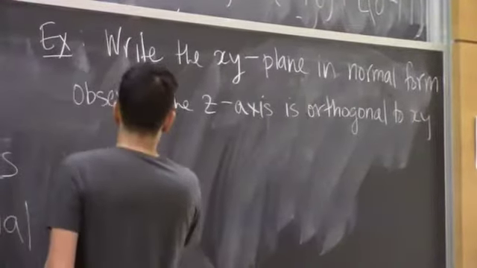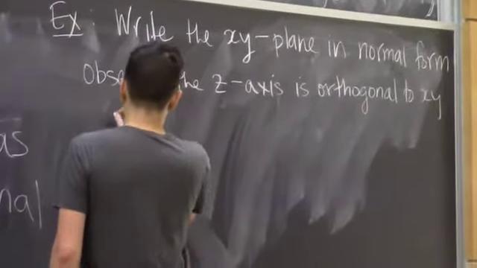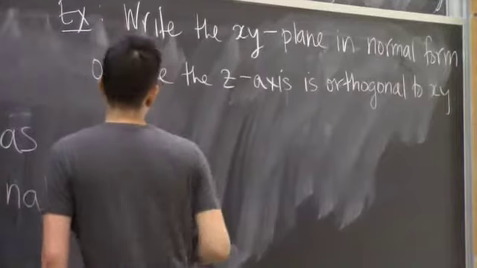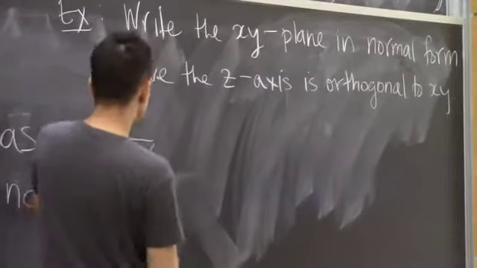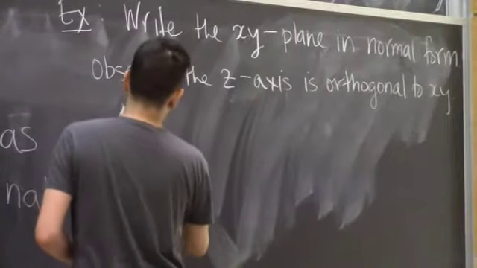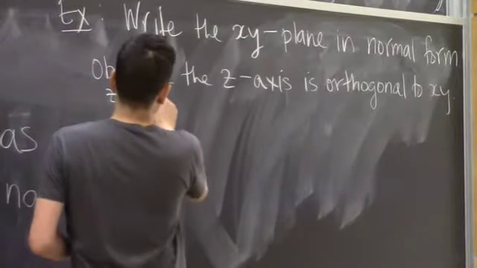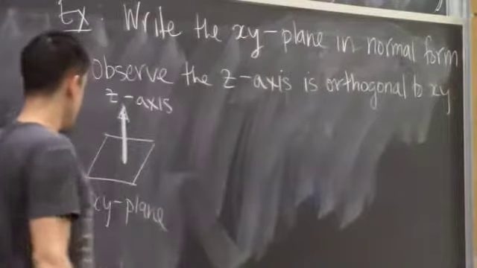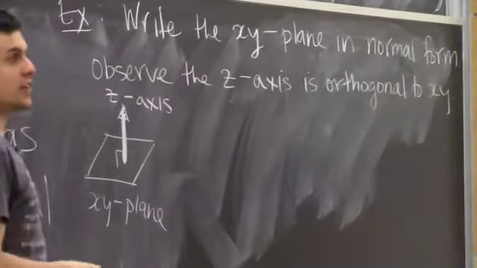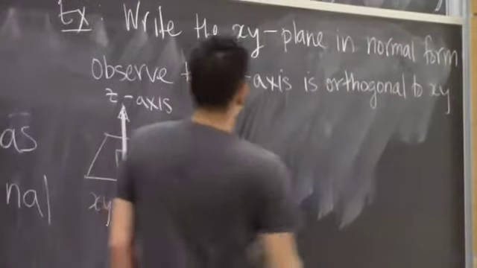So we've got a picture that kind of looks like this. Here's our xy plane. Here's the z-axis. And then there's a 90-degree angle there.